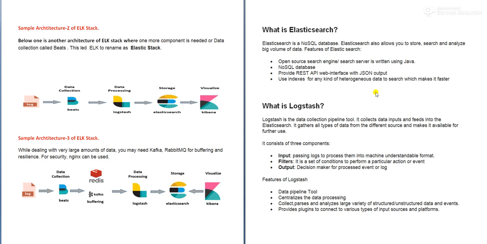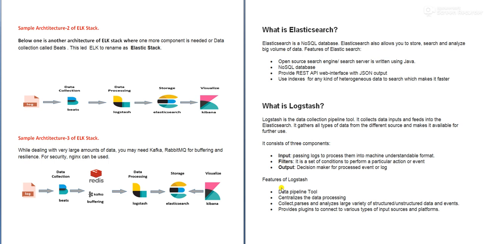Then second, what is Logstash? Logstash is a data collection pipeline tool. It collects data input and feeds it into Elasticsearch. It will collect the data from various sources, then push the data to Elasticsearch for indexing. It gathers all types of data from the different sources and makes it available for further use. There are three components: input, filters, and output.